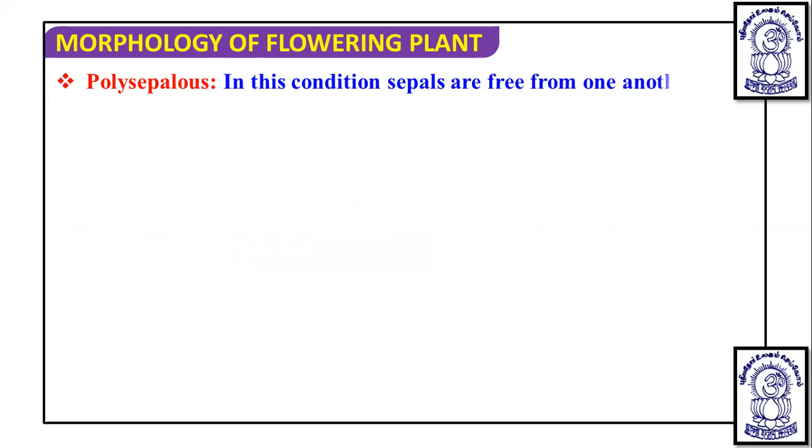Next, sepals can be free from each other. They are not united, not in a fused condition. Then the term used is polysepalous condition. So gamo is the term used for fusion and poly means separate. In polysepalous conditions, sepals are free from one another, and that is seen in the case of mustard and radish.